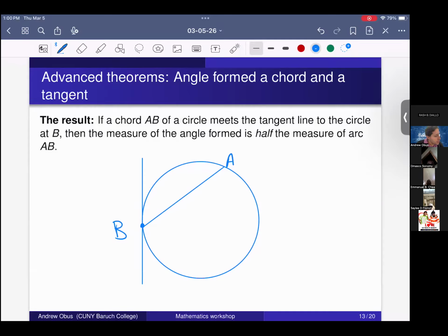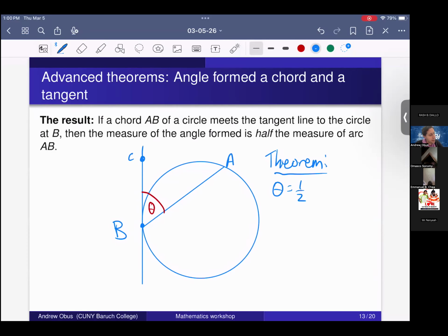And this is going to be my angle theta. Let me put a point here, I'll call it C. And the theorem is that the angle theta is equal to 1/2 times the measure of arc AB. Right, so this is the theorem.